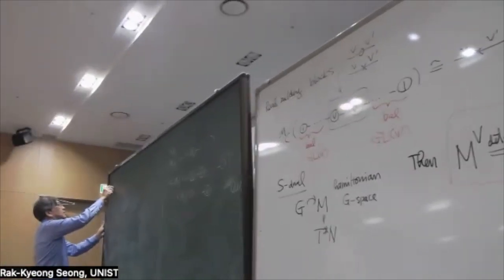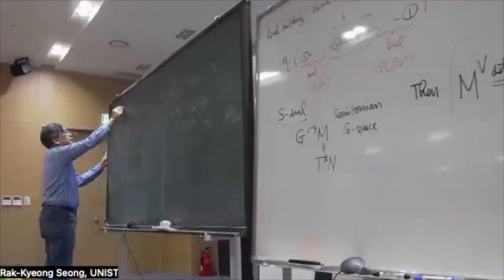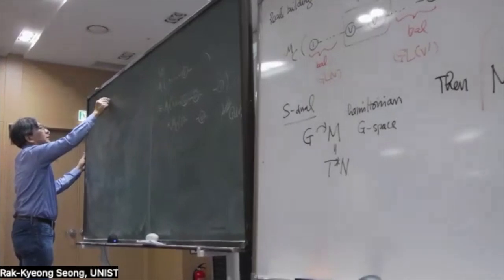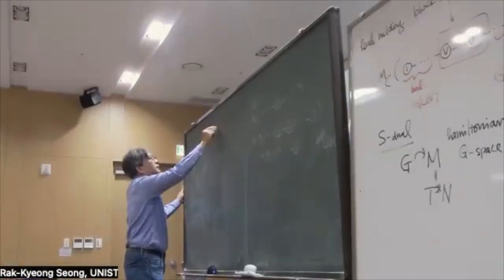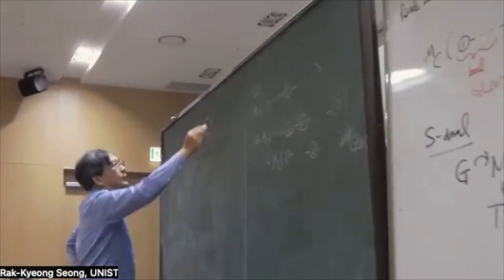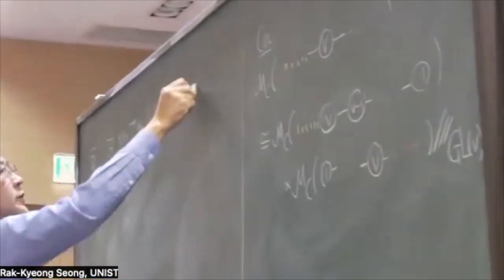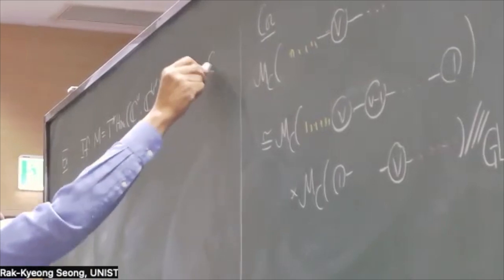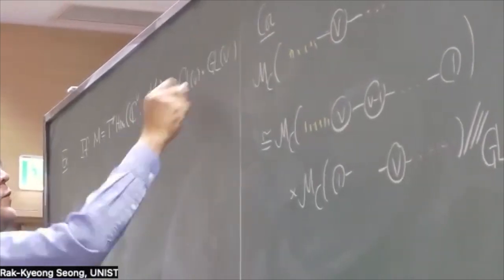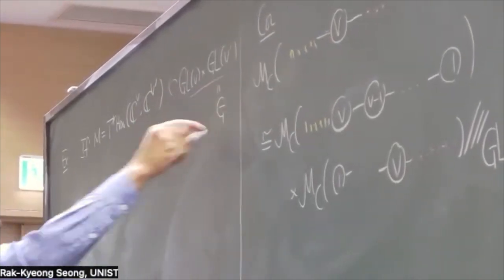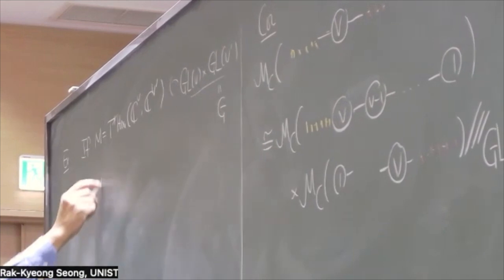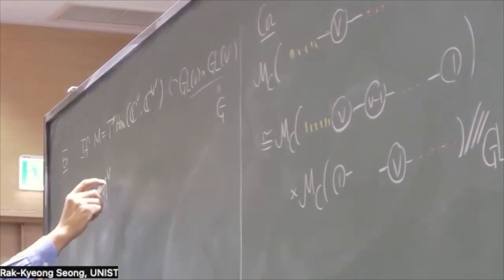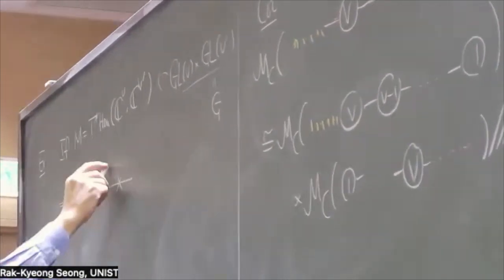Example: if M is T star of C of V and C of V prime, with GL V, so this is G, and this is my M. So this is a special example. Then I want to define M check to be this one.